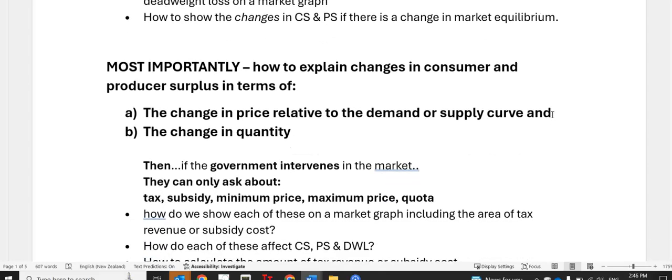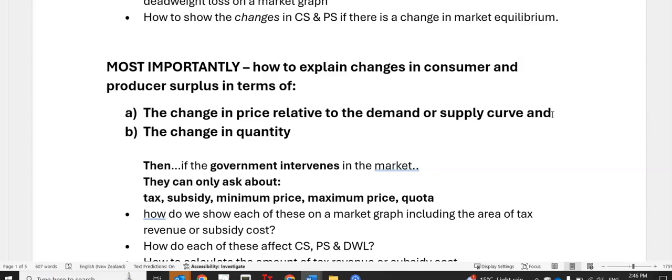Most importantly though, every single question you answer needs to look at these two things. It's going to ask you something about changes in consumer surplus and something about changes in producer surplus, and you always answer it in terms of what's happened to the price relative to the demand curve or the supply curve, depending on whether you're looking at producers or consumers.